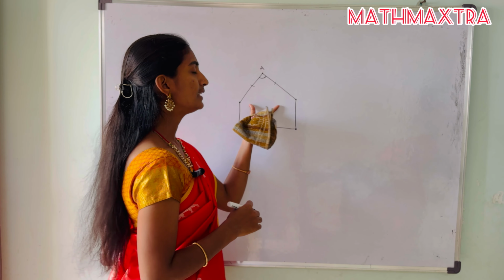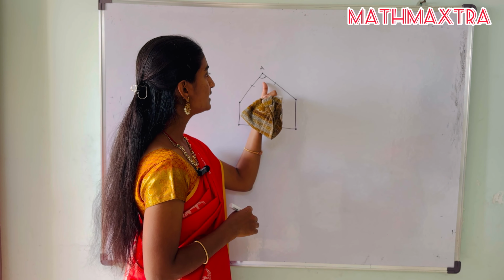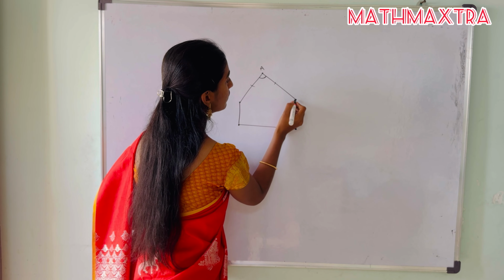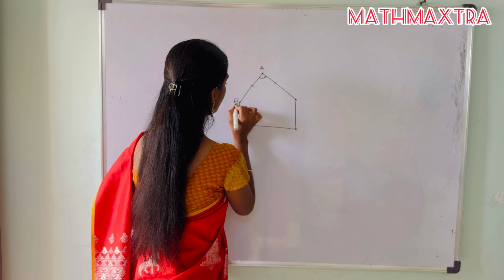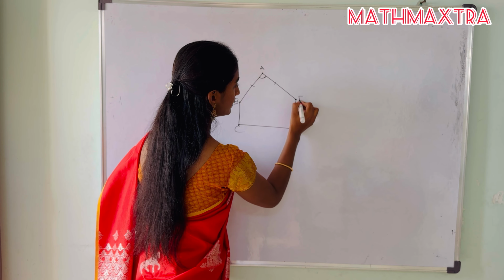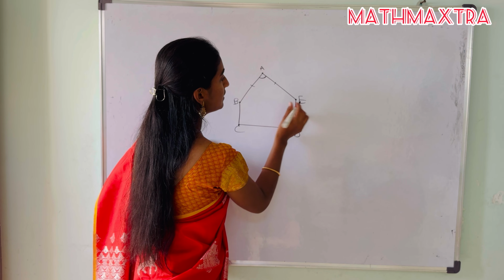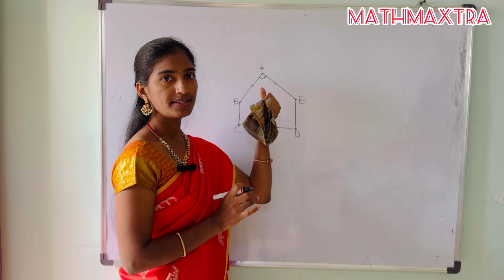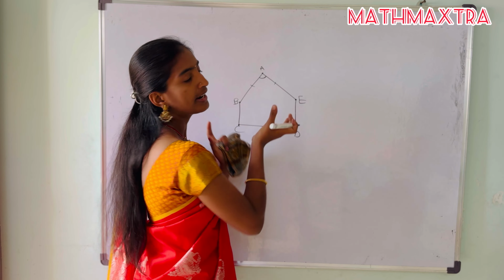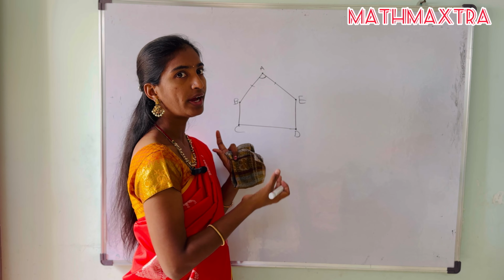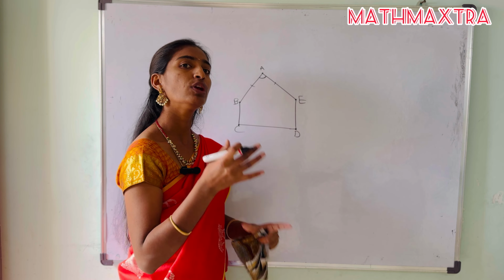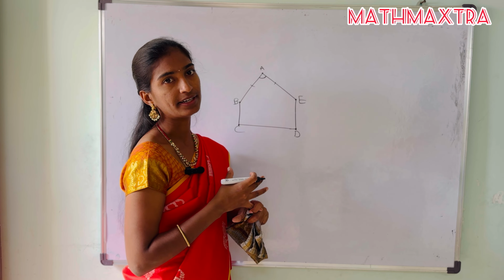See, this is a polygon and this is a vertex A. These are the adjacent vertices of A: B, C, D, E. This B and E are adjacent vertices of vertex A. So, other than the adjacent vertices, if you join any other vertex in the polygon, then we call that line a diagonal.